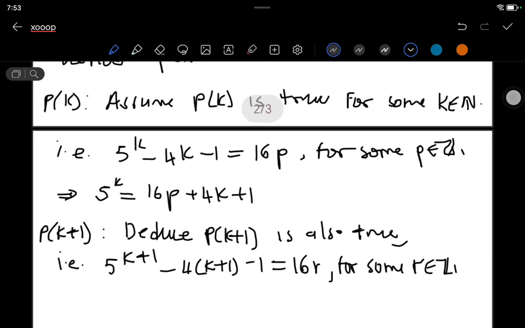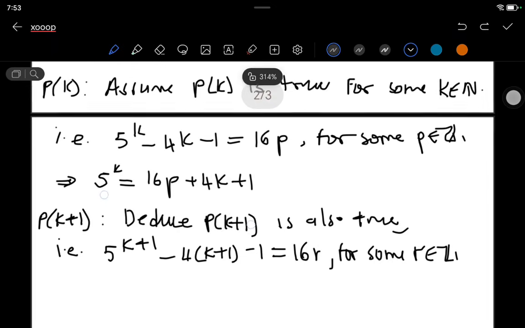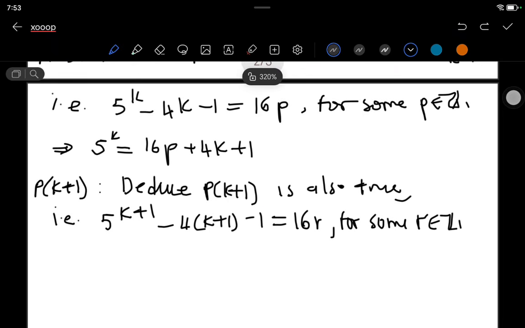Now let's check this. We have realized that we made 5 to the k the subject of the formula, so here we need to make sure that we get 5 to the k. Let's just take the left hand side first, then we'll imply later. The left hand side is equal to 5 to the k plus 1 minus 4 times k plus 1 minus 1.